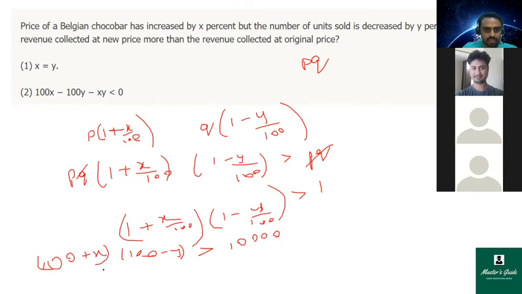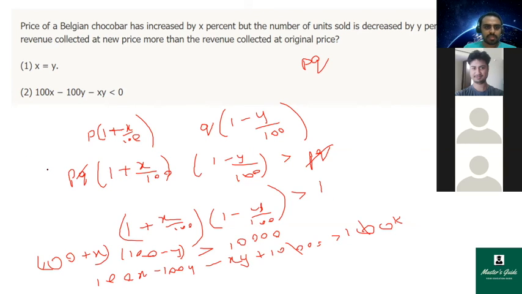And if you further simplify it, you will get 100,000 plus 100x minus 100y minus xy is greater than 100,000. So this gets cancelled and you are trying to figure out if 100x minus 100y minus xy is greater than 0. That's what you are trying to figure out.